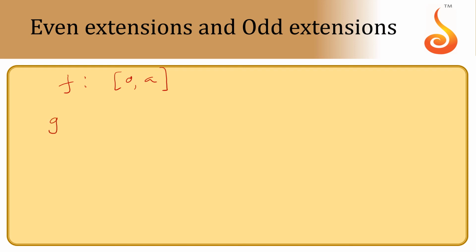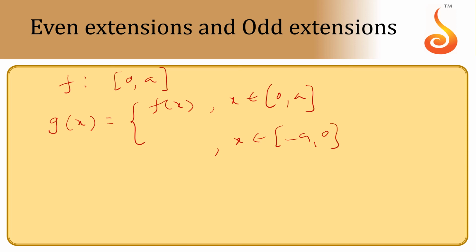Suppose I define g of x equal to f of x if x belongs to 0 to a, because it is already defined. Now I'll create a new definition from minus a to 0 as f of minus x, because if x is negative, minus x will become positive, and the definition will give you some image. So this g of x is now called the even extension of f.